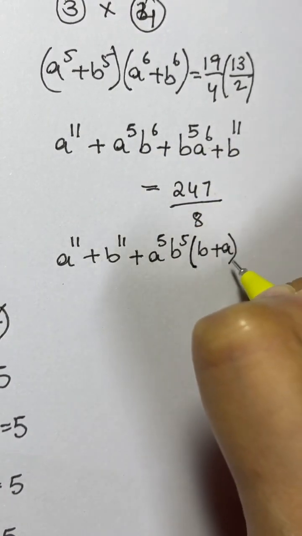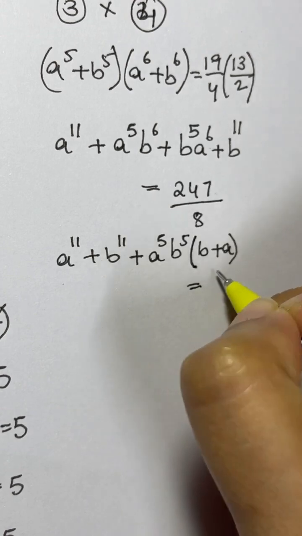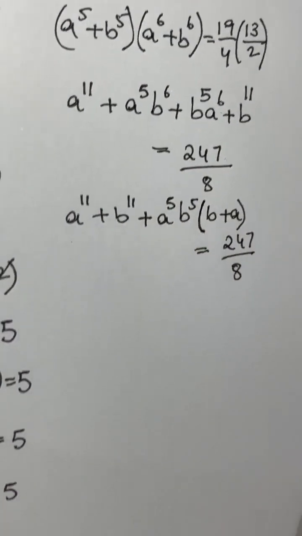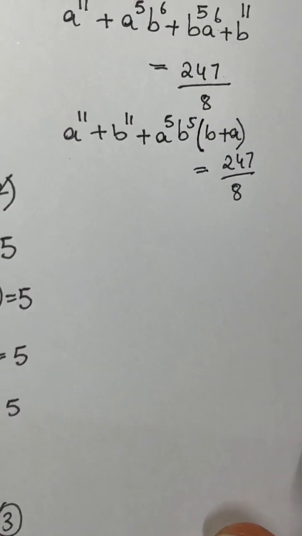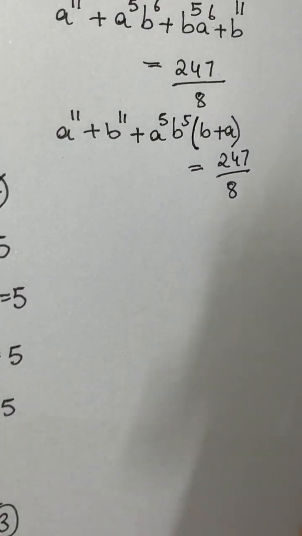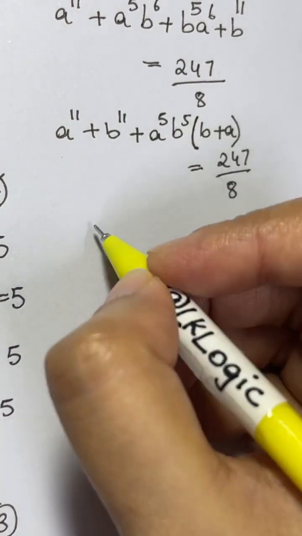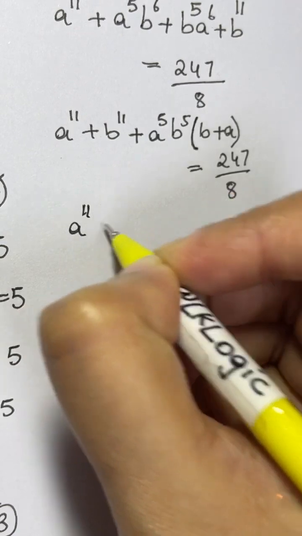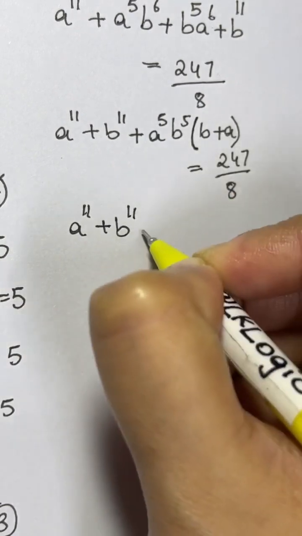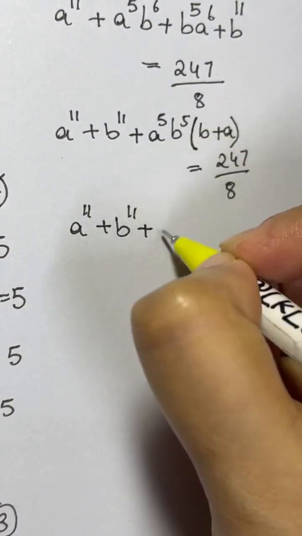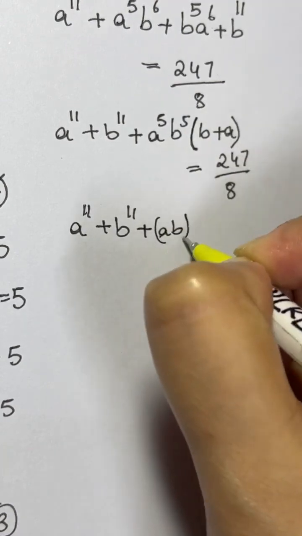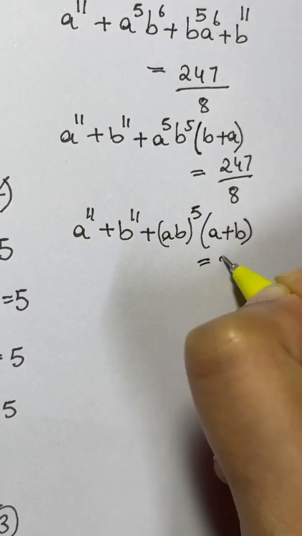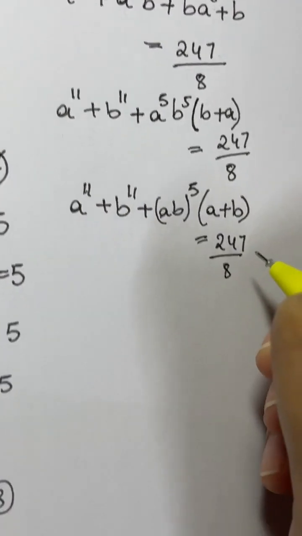So a plus b or b plus a is one and the same, and that's equal to 247 over 8. Okay, let's solve for this. You are very near to finding a to the power of 11 plus b to the power of 11. That's so simple. A to the power of 11 plus b to the power of 11 plus, here you have ab whole to the power of 5 times a plus b is equal to 247 over 8.